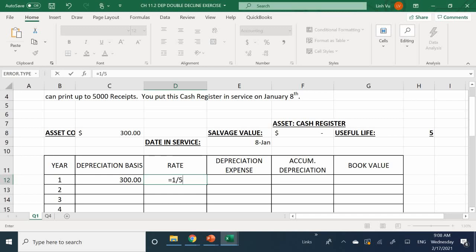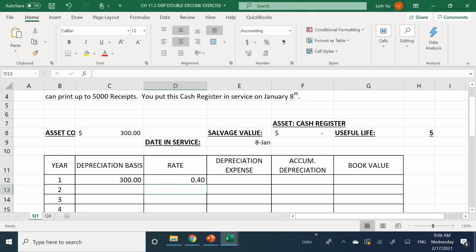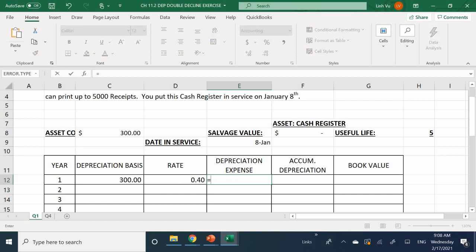It'd be 40%, or in this case, 0.4 to make the math a lot easier. So now that I have this information, what is going to be my depreciation expense for year 1? 120.